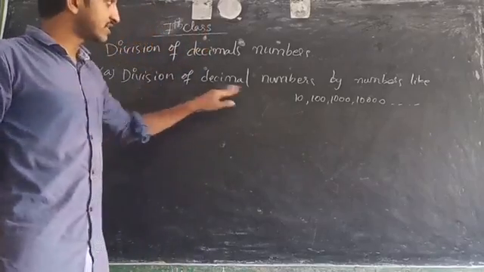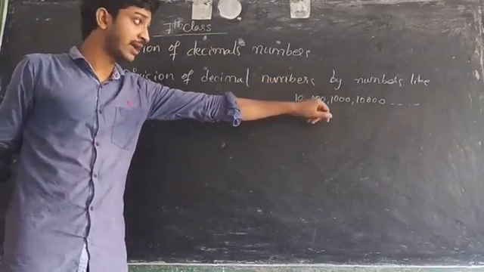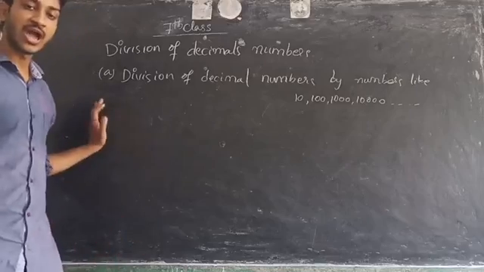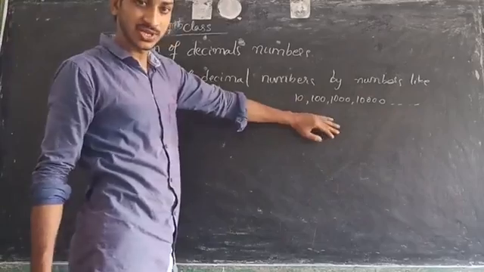So we have to divide the numbers by 10, 100 and 1000 like that.